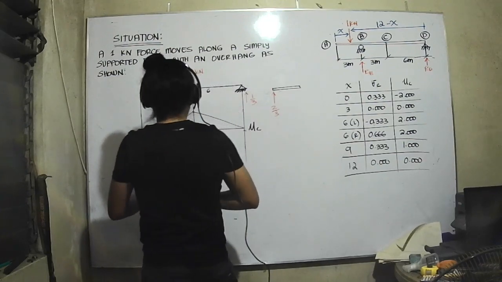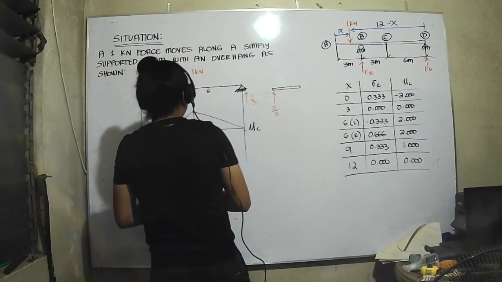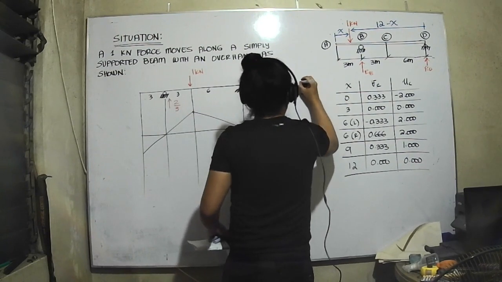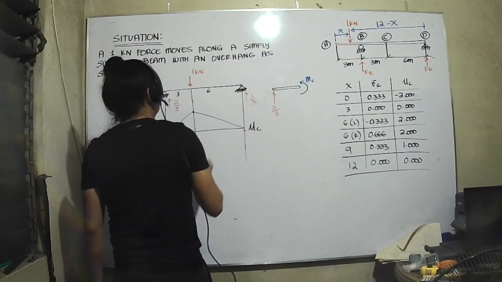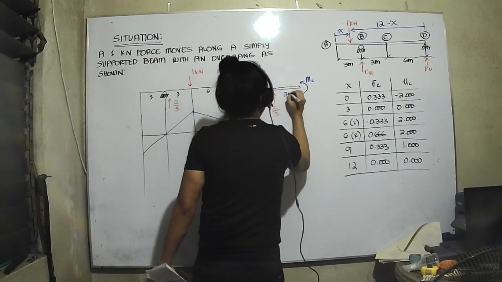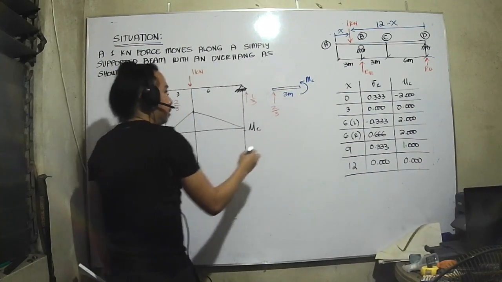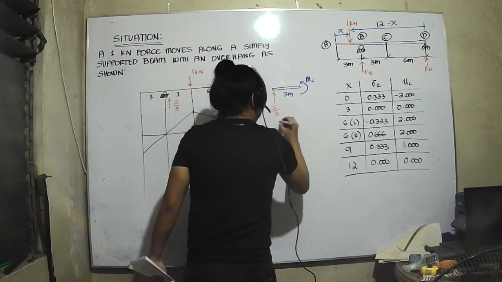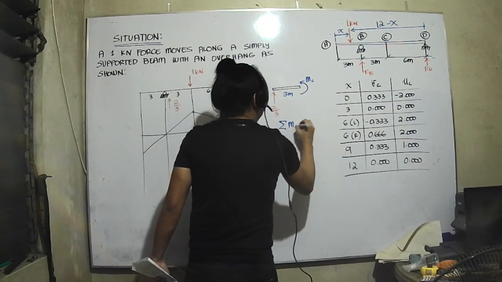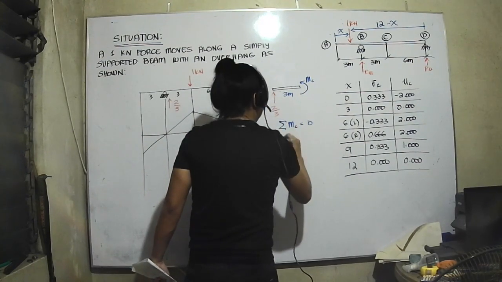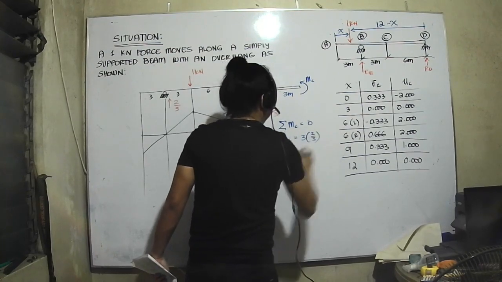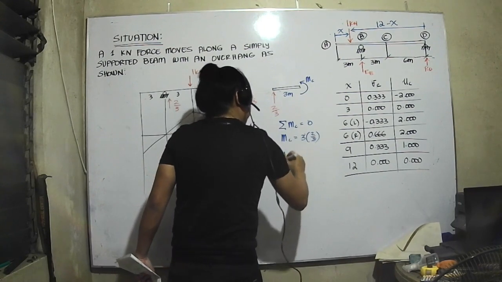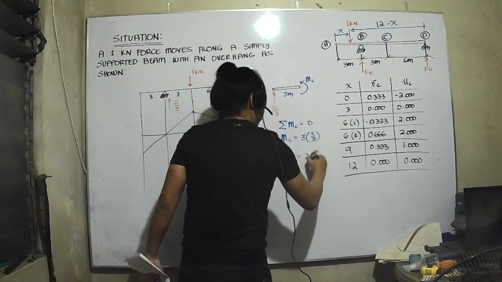We have internal moment then dire at this point. Internal moment C. Ba? And this is 3 meters. So, summing up moments na po dayon at C is equal to 0. MC is equal to 3 times 2/3. Cancel out. MC is equal to 2.